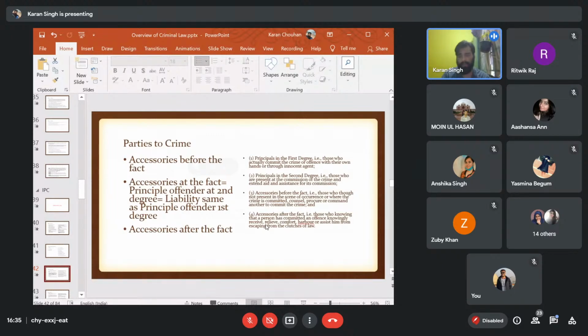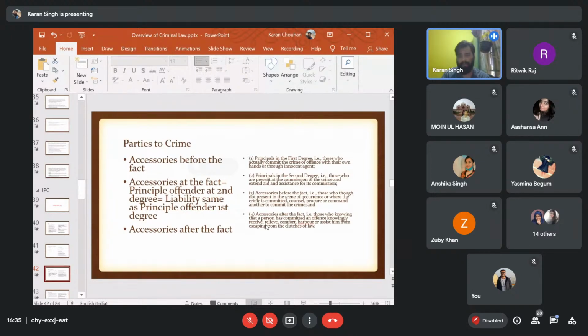Section 108 defines who is an abettor: a person who abets an offense, either by the commission of an offense or the commission of an act which would be an offense. So what will be required when it comes to abetment is that there should be an instigation, and the instigation should be for an illegal act.